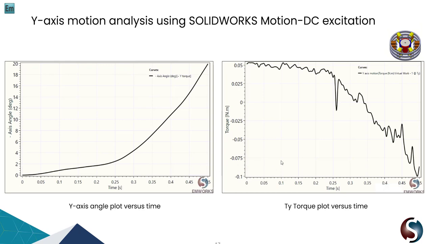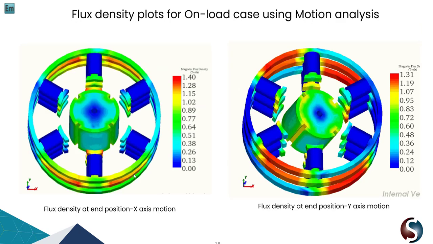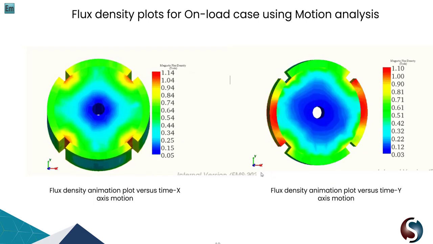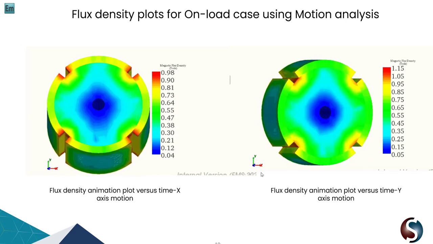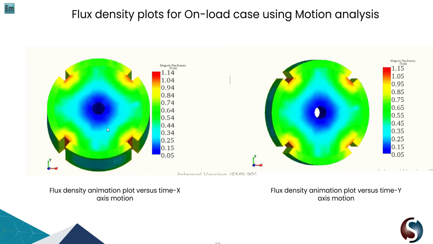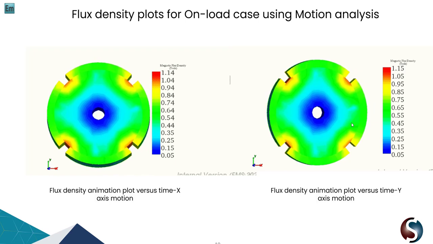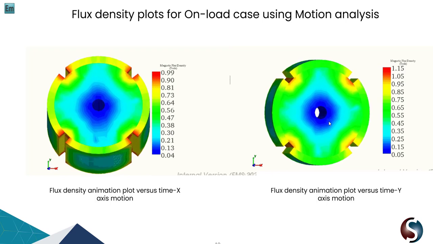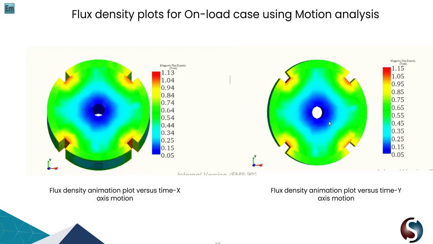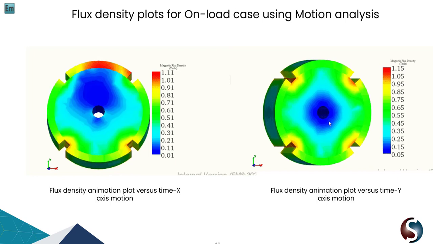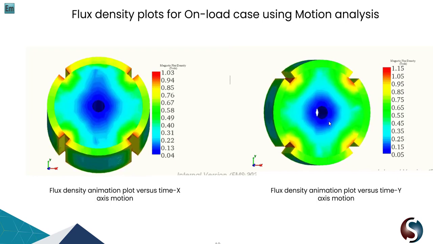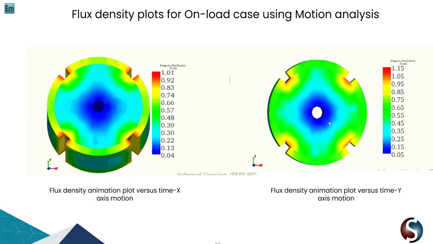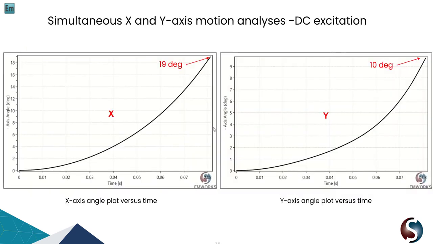This is around y, and now these are basically flux density around x and around y, and this is the animation of the flux around x and around y. Again, this is sequential motion. You excite the x, and after a certain time you excite the y coils.